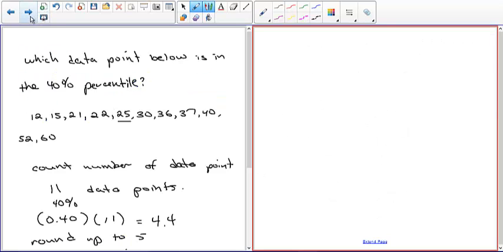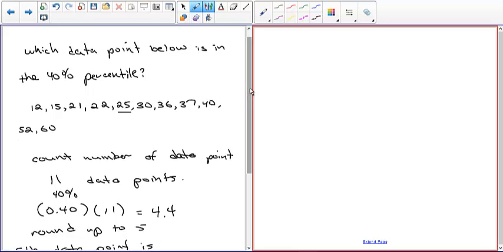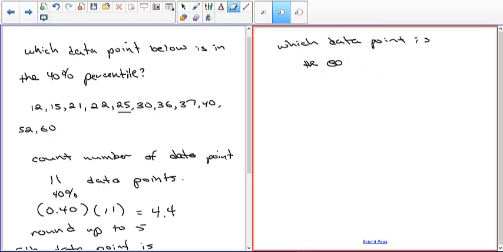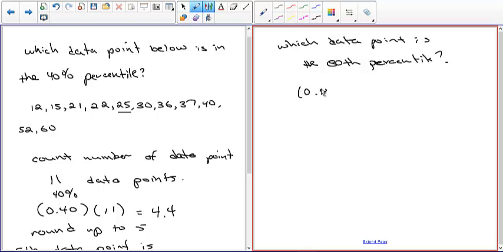So let's add another page here and just do a few more percentiles. If I said, which data point is the 80th percentile? Okay, so again, you take the decimal equivalent of 80%, which is 0.8. You multiply by the number of data points. That will end up being 8.8.